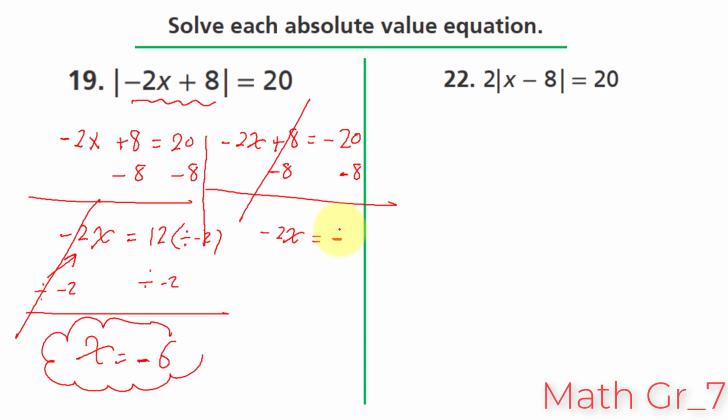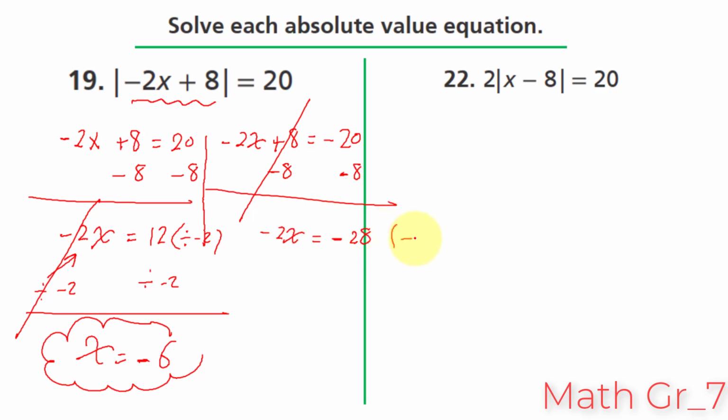Just put the negative sign and add the two numbers. 20 plus 8 equals 28. So we get negative 28. Negative 20 minus 8 means negative 20 plus negative 8. Don't forget, the sum of the two negative integers is a negative integer.